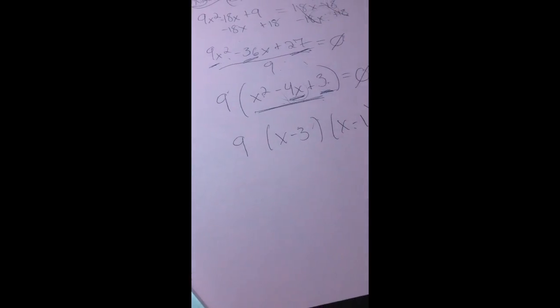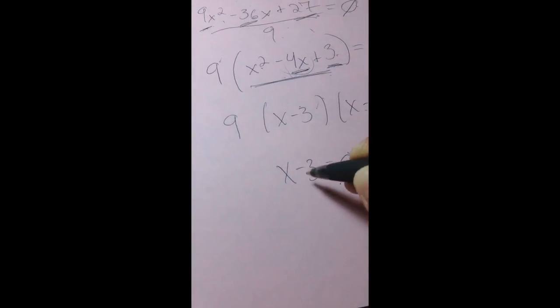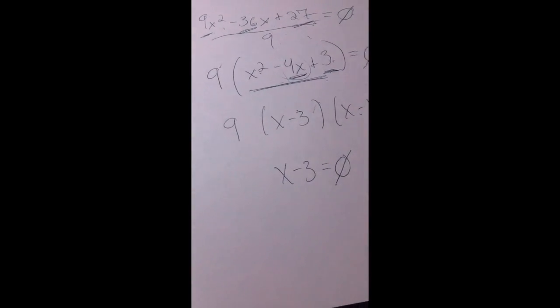Then again, you set this equal to 0. And then just to ensure you got your x values, you set your x minus 3 to 0 and your x minus 1 to 0. What you do on one side, you do to the other, because you want to get x by itself.